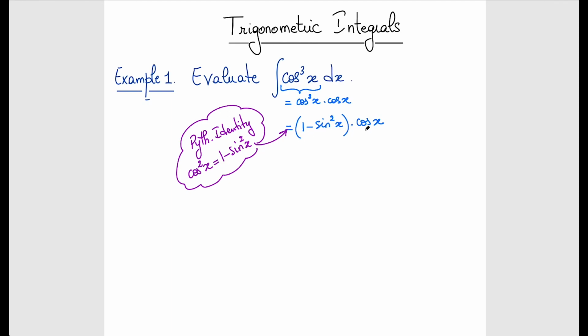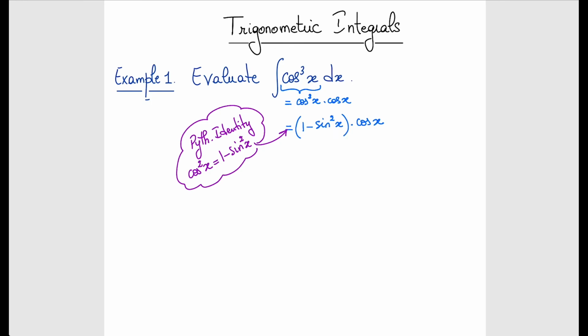Now if you set u to be sine, its derivative has to do with cosine, which is already existing here. So we set the stage for a good u substitution to be helpful.